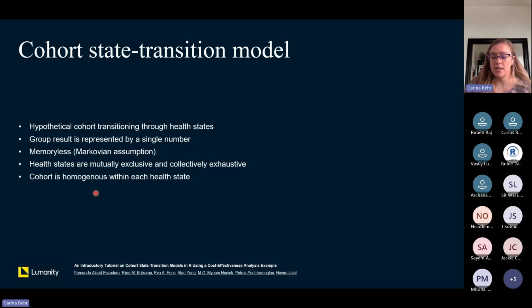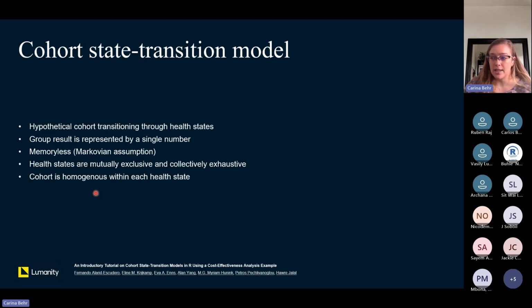What's really important is that a Markov model is memoryless. It's called the Markovian assumption. Basically it means that the health state that the group is in does not depend on previous health states that they were in.